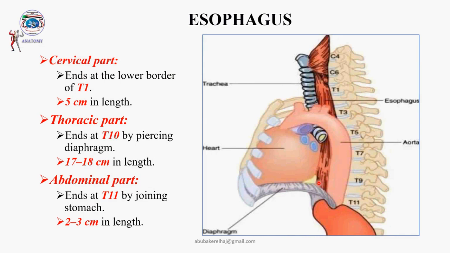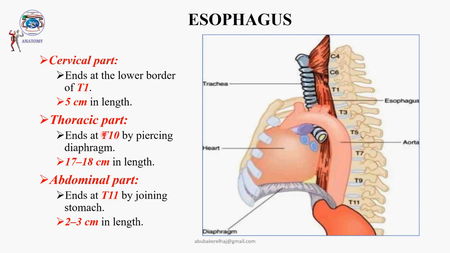According to the course of the esophagus, you can divide it into different parts. We have the cervical part, related to the neck, and the thoracic part, and we have a small part in the abdomen, about 2 to 3 centimeters in length, ending at the level of T11 to T12 to join the cardiac part of the stomach.